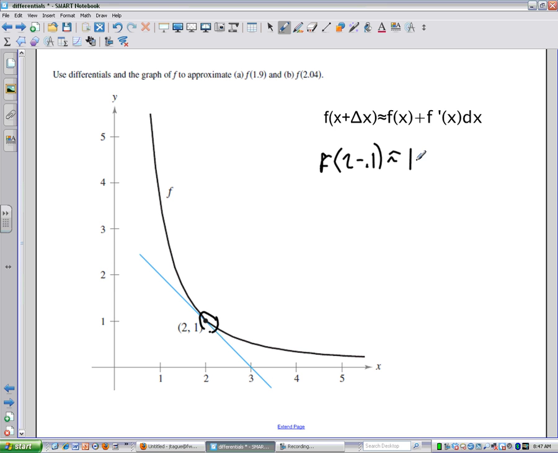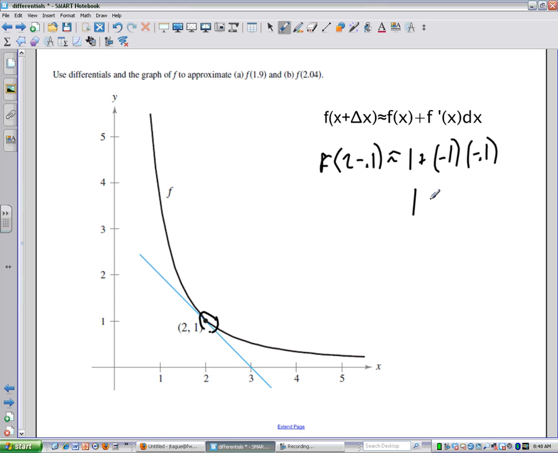And the derivative, well, that's the slope of the tangent line. So there's my tangent line. What's its slope? Well, let's see. Looks like down 1 and over 1, so that's a negative 1. So my slope is negative 1, and my change in x is about negative 0.1.